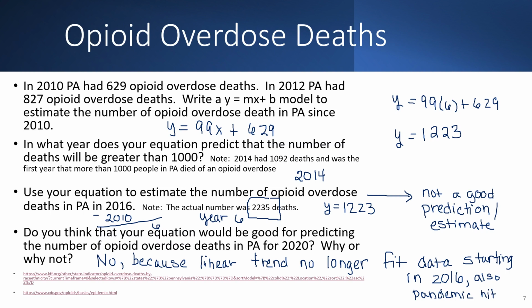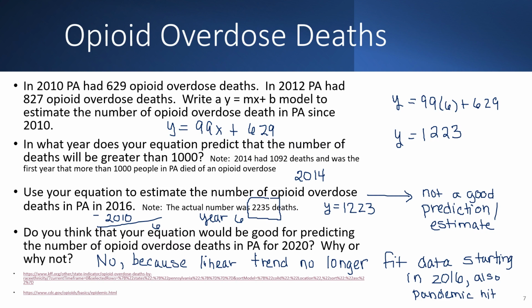What we see in healthcare especially is that we watch trends because trends are going to impact how many beds we need, how much staffing we need, how many meds we need to stock, and how many meds need to be produced. So they have a lot of impact on the healthcare industry. But there are things outside of what we have captured in our equation that can impact this.